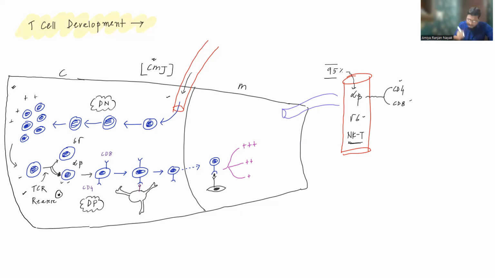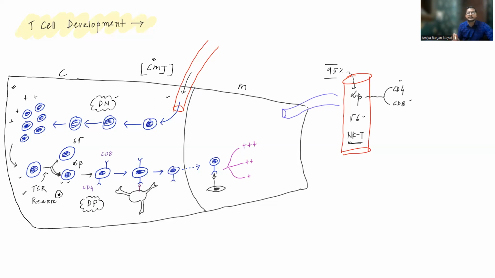At this stage, this developing T lymphocyte is known as a double positive T cell because it has both CD4 and CD8. I have told you the most primitive immature T lymphocyte will not have either CD4 or CD8. That is why it is known as double negative. Now it has both, that is why it is known as a double positive T cell.